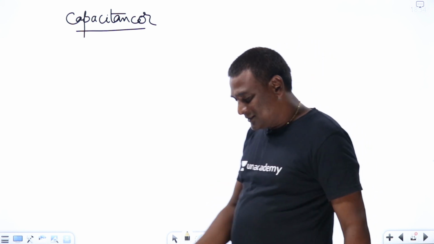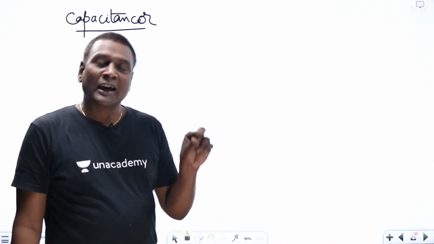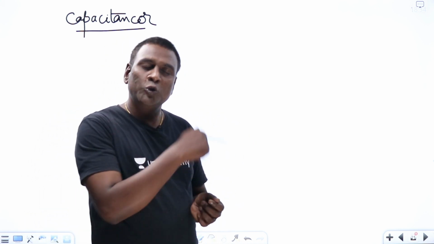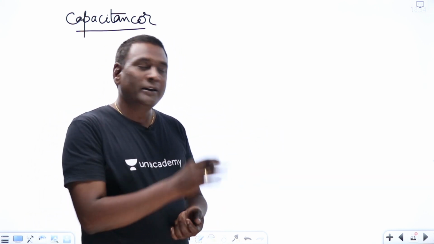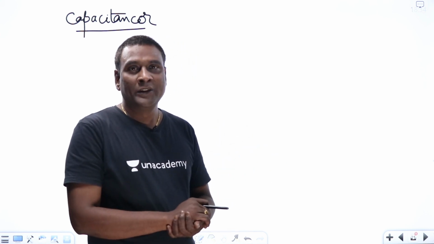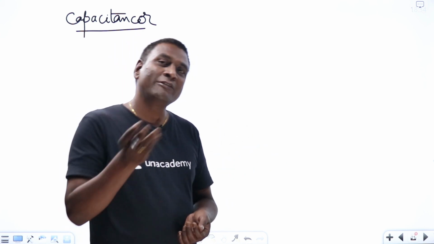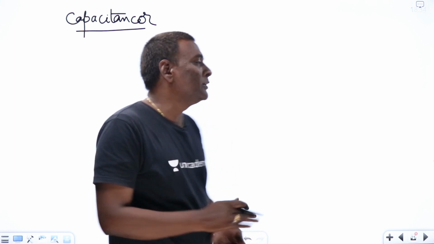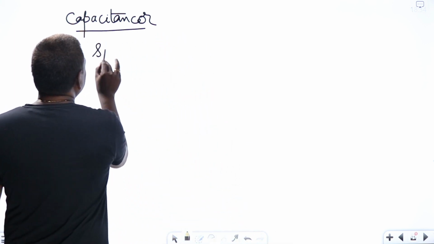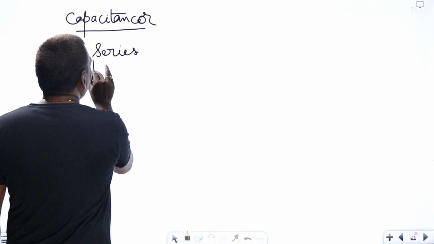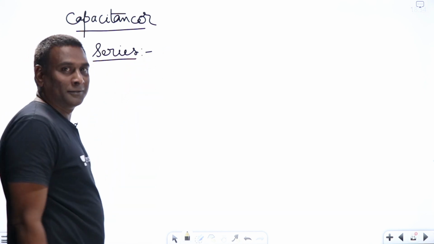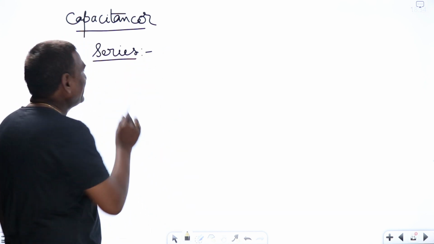Meaning that, see here, in series, current is going to be the same, and in parallel, voltage is going to be the same. Between inductance and capacitance, current becomes voltage and voltage becomes current by duality. So if I think of series connection, I have to use the kind of equation of parallel, parallel resistance or parallel inductance.